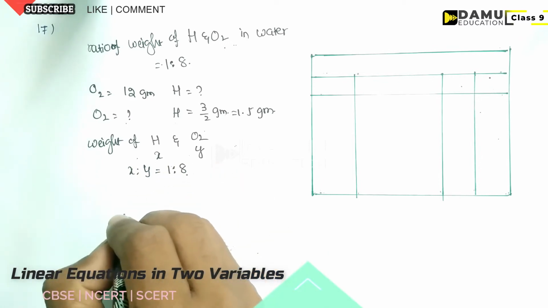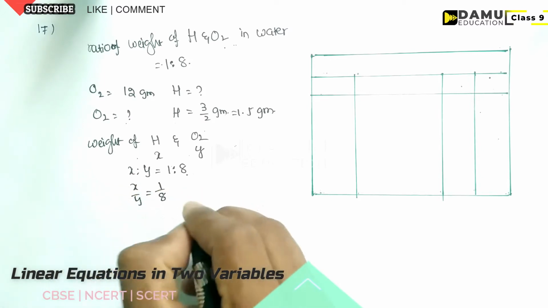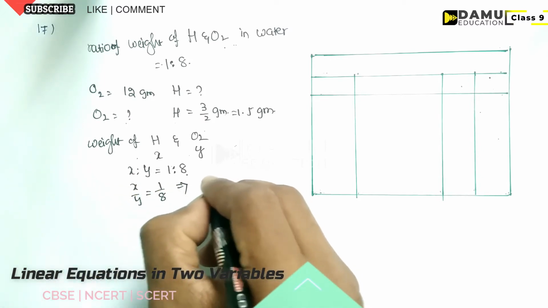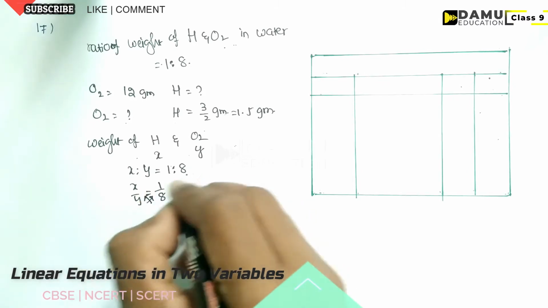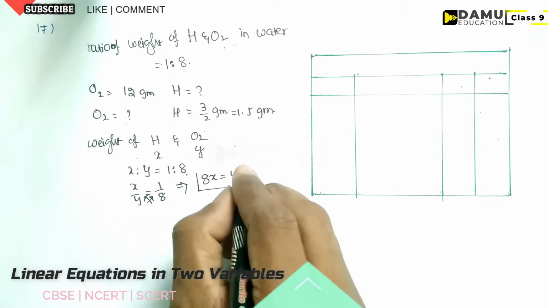So X by Y will be equal to 1/8. That implies, cross multiplied, 8x is equal to y.